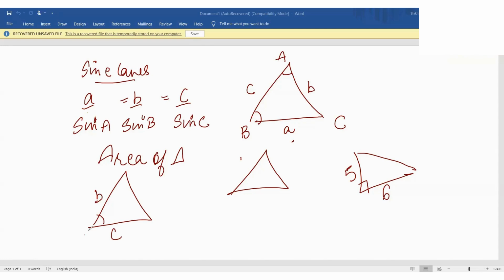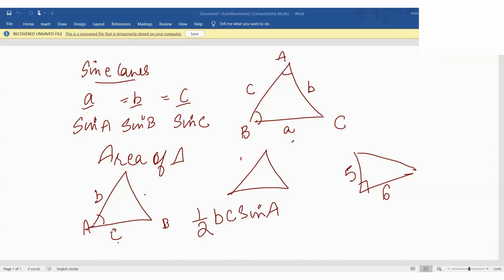Let's take it as A, obviously, because if this is B and this is C, right? The area of the triangle will be half times those two sides and the sine of the angle made by those two sides. Oh okay, now you don't need a right angle triangle.